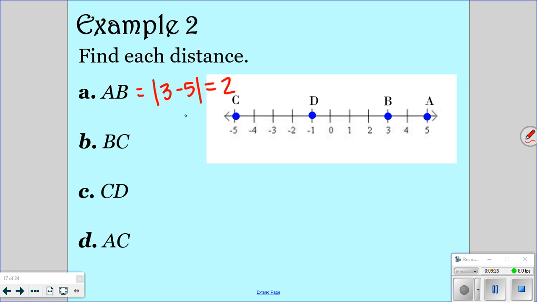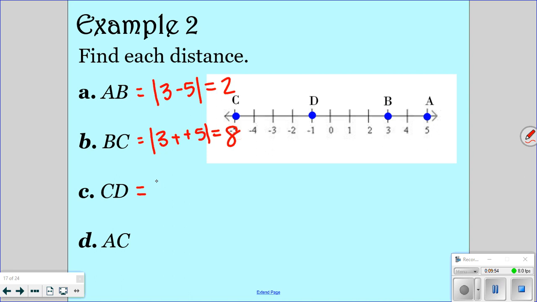So that would be the distance from A to B. Going from B to C, well, B is 3 minus, what is the point for C? It is a -5, and so you actually end up adding those. 3 plus 5 becomes an 8. And if you had counted over, you would get to 8.